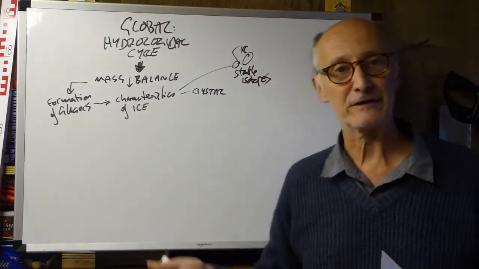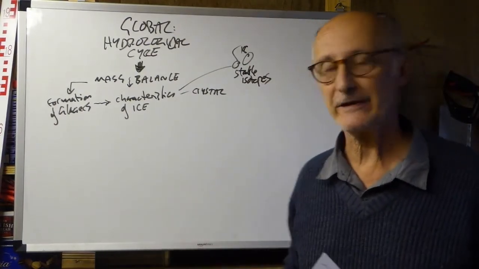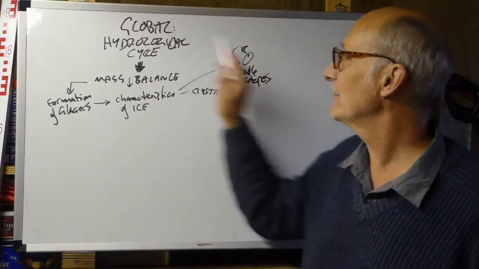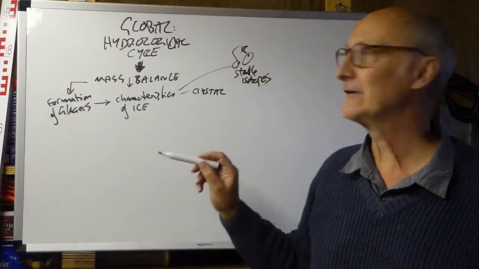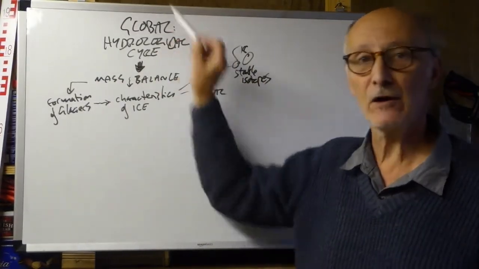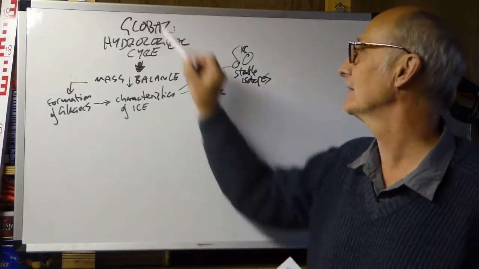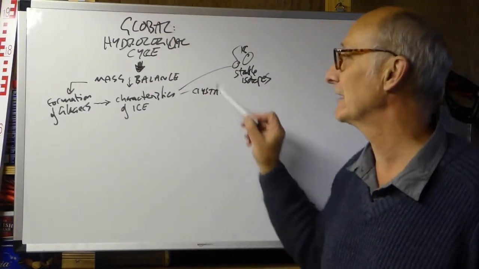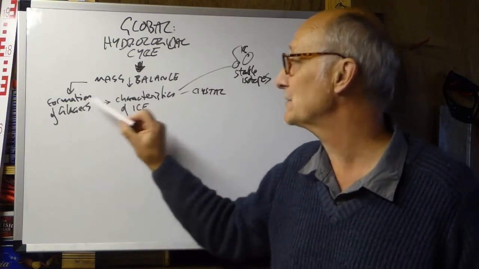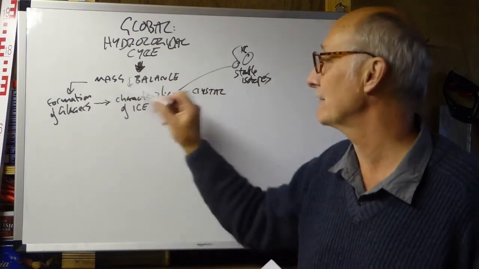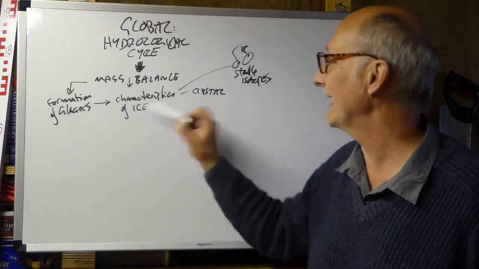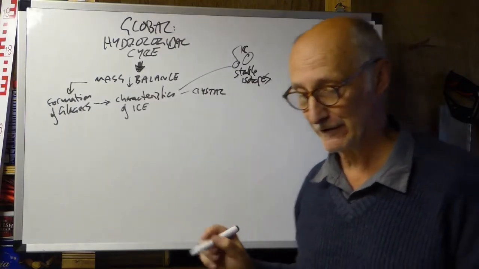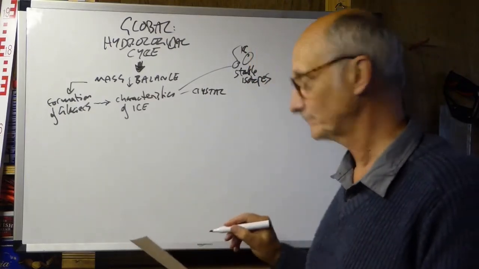Stable isotopes, fractionation, delta oxygen 18, delta deuterium, all those kinds of things. So we've got a connected set of material here that's linking the big global picture, the hydrological cycle, right down to the tiny scale of the isotopic composition of the ice, and tying that in with the formation of glaciers, the growth and decay of glaciers through mass balance, connecting to the characteristics of ice, including the crystal structure, and so on and so forth.